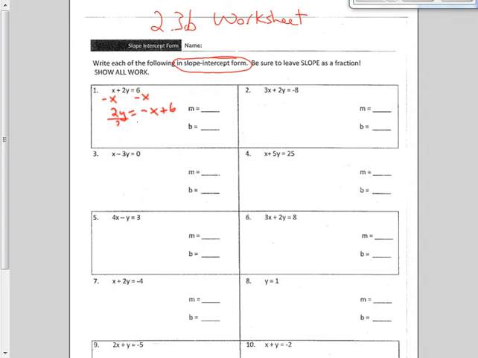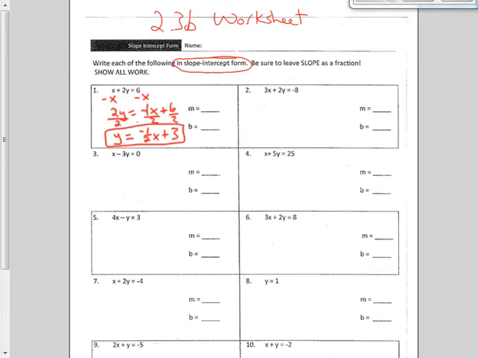I need to divide the y by 2, but when I divide things by numbers, I want to divide the whole thing, so I get y equals, there's a lazy 1 in front of the x, so I get negative 1/2 x, and then plus 6 divided by 2 is 3.